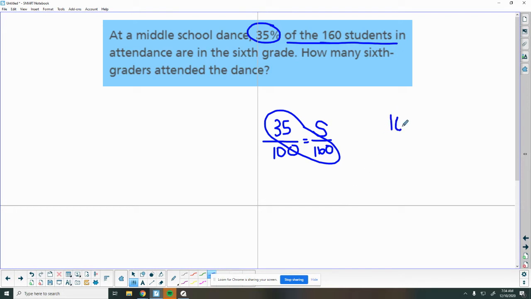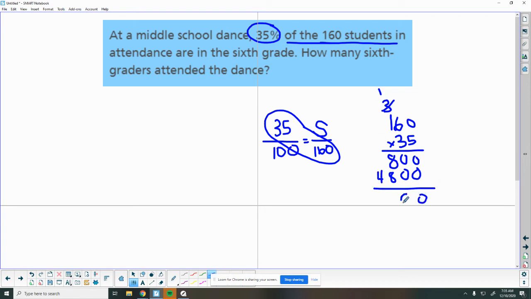So if I have 160 and we're multiplying by 35, there is 0, 30, 5, 6, 7, 8, placeholder, and 0 and 18, and 3 plus 1 is 4.